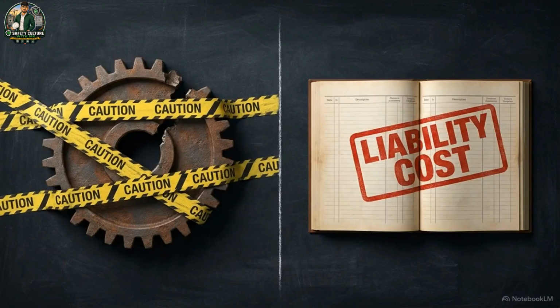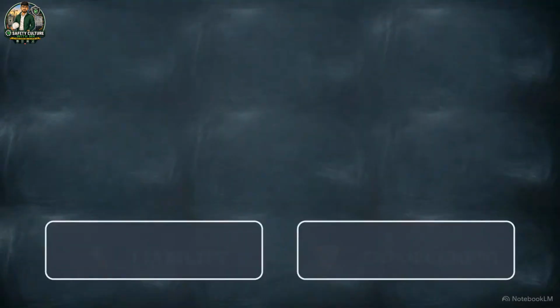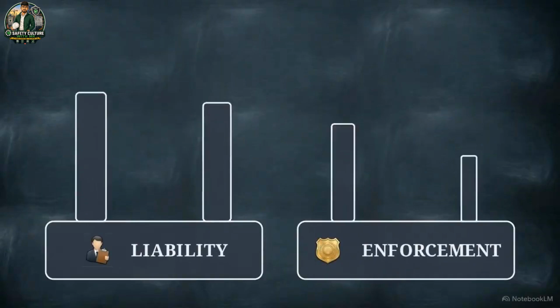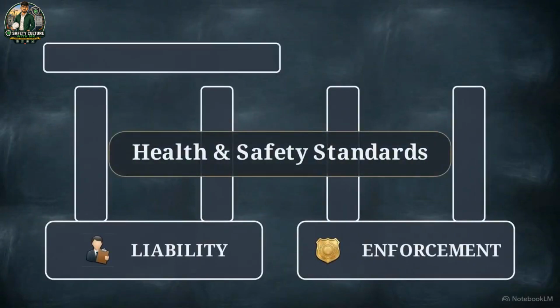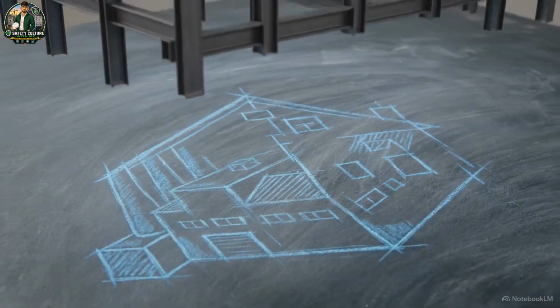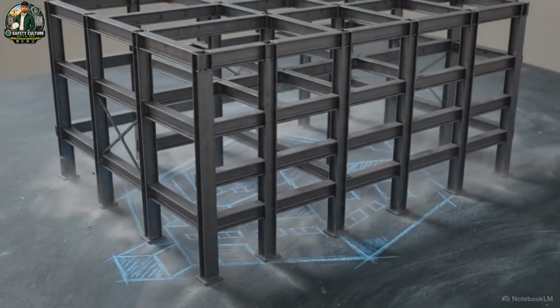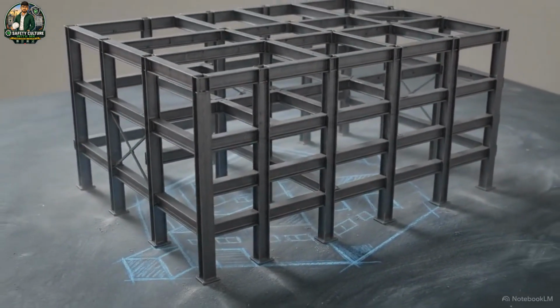If an incident occurs, the first two sections determine who bears the financial and operational cost, while the final three provide the tools to investigate the cause. This arrangement of liability and enforcement is the foundation for the specific health and safety standards detailed in the following chapters of the Act. Chapter 2 ensures that industrial safety is backed by a designated responsible party and a system of independent, uncompromising enforcement.